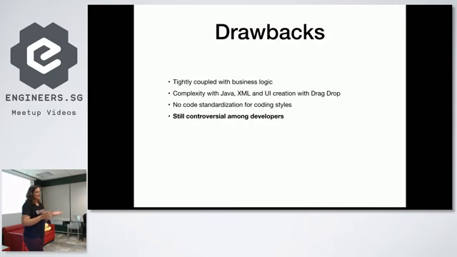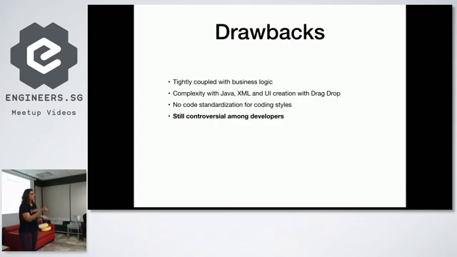So the problem is it's not standardized. People will definitely mix business logic with UI logic, which is not recommended. And there are going to be a lot of problems with coding styles and all the other things. Android currently has drag and drop, iOS has drag and drop, all these things.